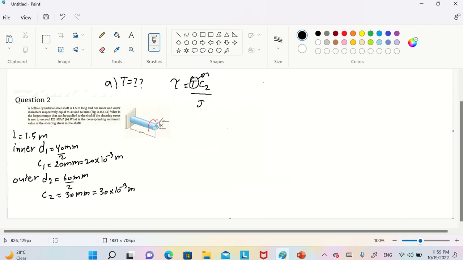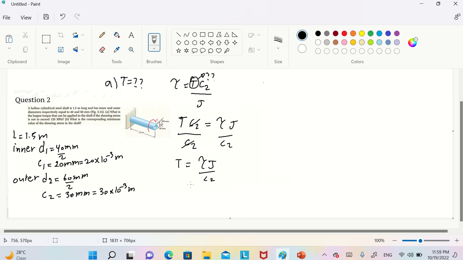We multiply: the torque multiplied by the outer radius equals the shearing stress multiplied by the moment of inertia. We divide by the outer radius, we cancel, then we can get the torque.